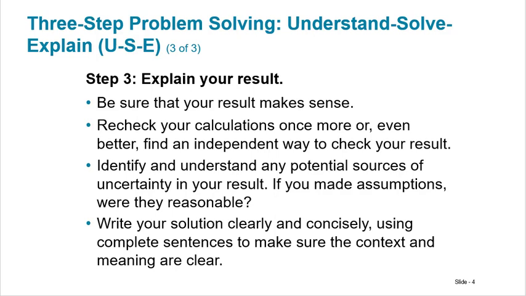Write your solution clearly and concisely using complete sentences to make sure the context and meanings are clear, i.e., you want to make sure that what you've done matters, right? If you get a result, that's great, but if nobody else can figure out what that result is because you can't clearly communicate that to others, then it makes no sense, right? Who cares if you've got a result if nobody else can understand it?